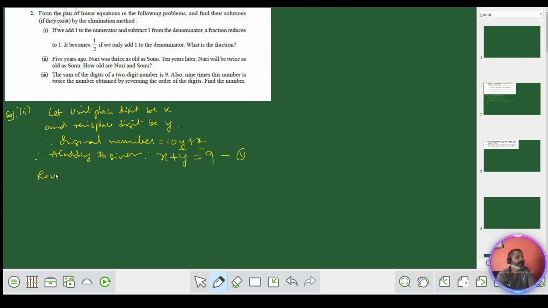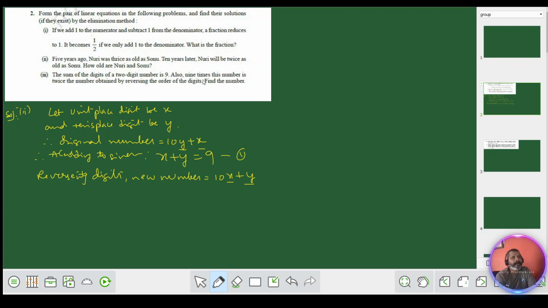Reversing the digits, the new number is equal to 10x plus y. This is a very important concept in two-digit number equation questions, and it will be for 4 marks or 3 marks.